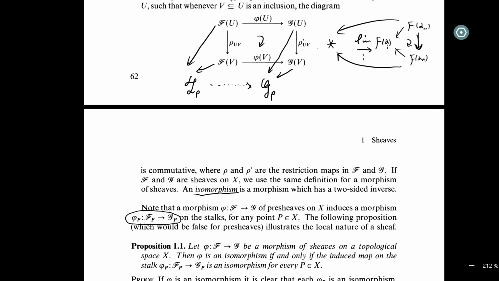So for this index set of open subsets, any inclusion corresponds to a morphism in the index set and gives rise to a morphism of the abelian groups, making the diagram commute. So by the universal property, the inductive limit of those abelian groups must map into this G_P. Okay.